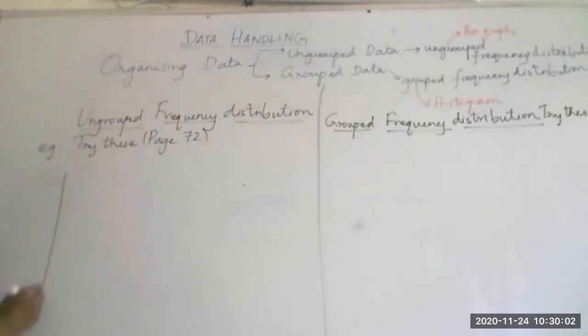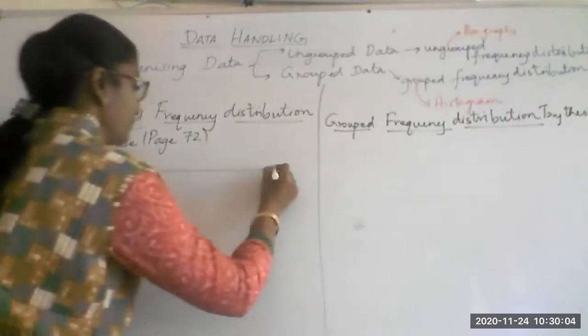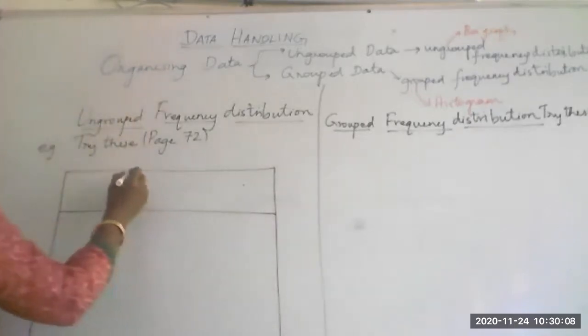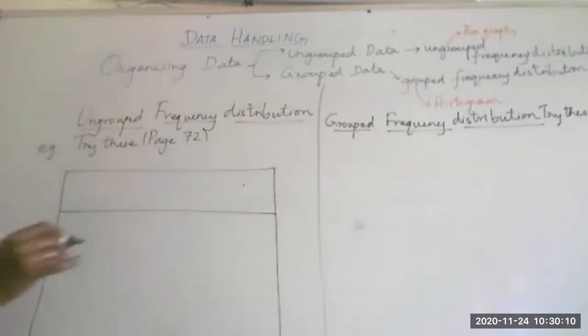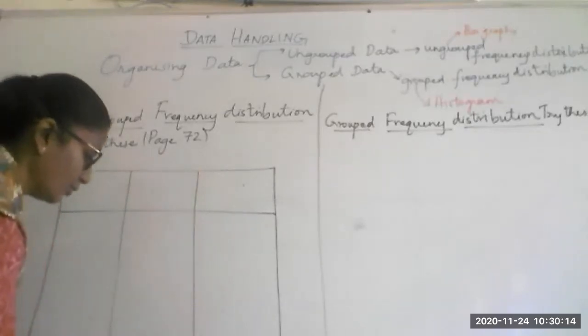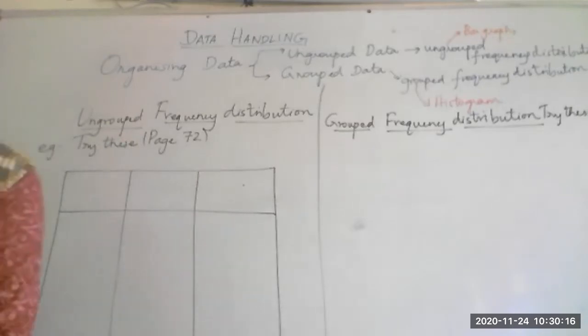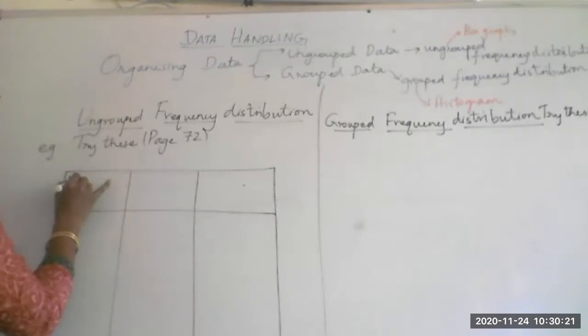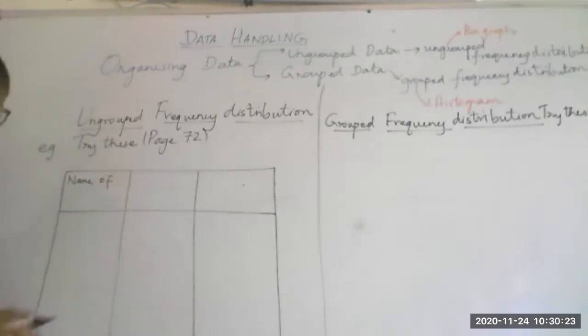So we are preparing a frequency distribution table, means you should prepare a tabulation in this form. So you will have the name of the animal that you want to have as the pet. So I will say name of the animal, because this is the information collected.